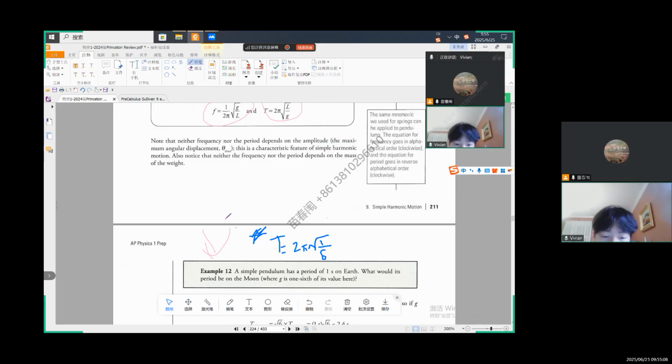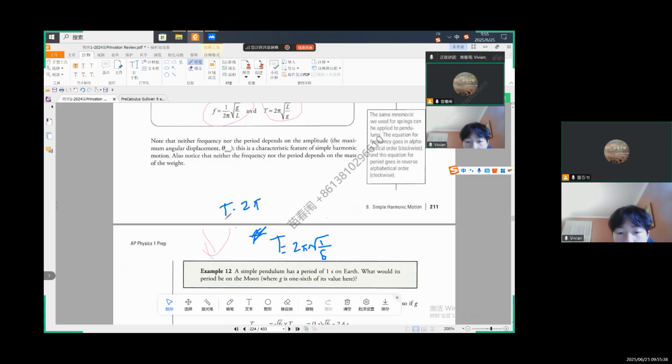Wait, do we need to find L? Oh, you can find it out. There's more than one method in this that I know. I'll find L then. Oh, you want to use the formula to get the L, right?